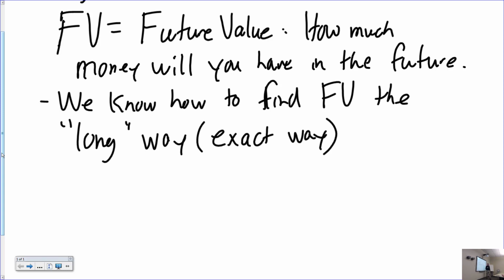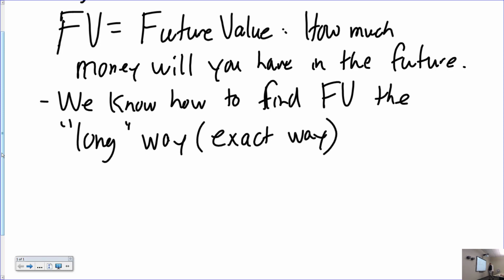If you want to know exactly how much is in one of your investments, when you're calculating how much money you will have 4, 5, or 6 years from now, technically the bank will always do it this long way, okay? Where they'll calculate how much money you earn each period, add it, and then move to the next period, okay? We are not going to do that, okay?